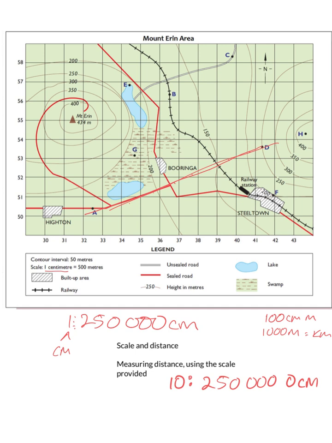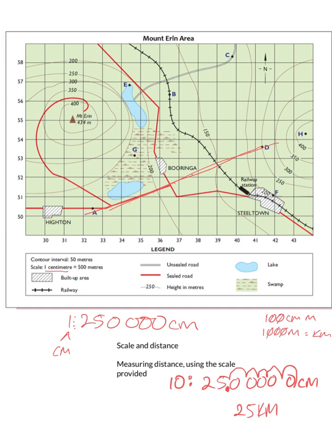All up, that is 5 zeros, so just jump your decimal point: 1, 2, 3, 4, 5. So that distance, according to this kind of scale, would be 25 kilometers.